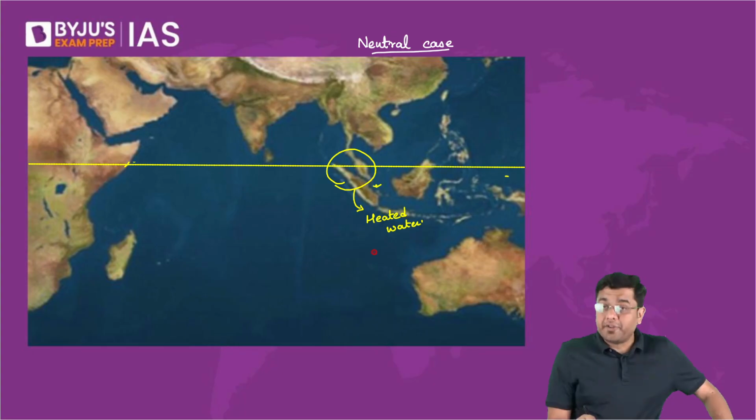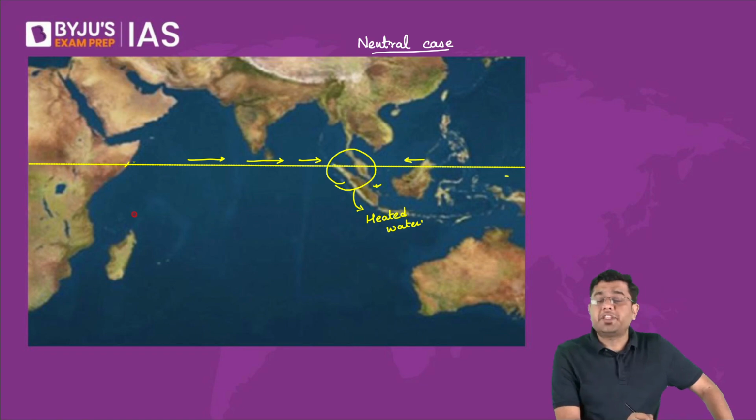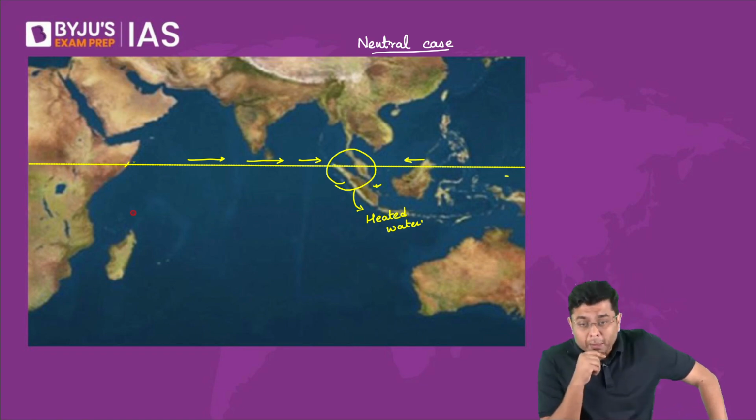Now, when you have heated water, it will attract winds from all directions. Now, what will happen in the Western Indian Ocean? Upwelling or downwelling across the African coastline? What do you think will happen in the Western Indian Ocean? Upwelling, perfect.